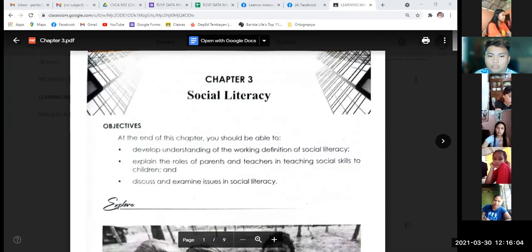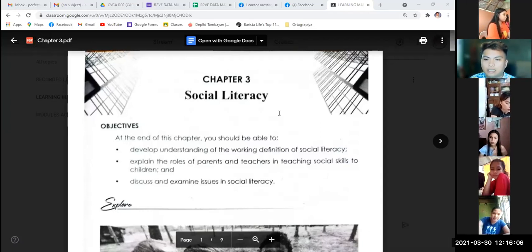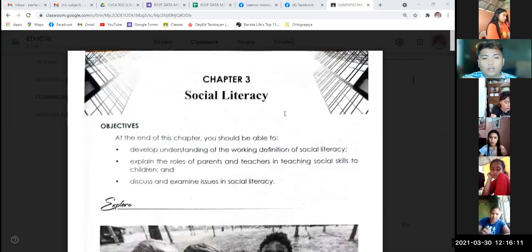So I'm quite sure that you have read this already, as I reiterated many times that all of your modules have already been posted in your respective learning material platforms. Some are posted in SIAS, some in Google Classroom, some in the Facebook group, kung saan kayo mas nadadalian. So the only thing you need to do is to read it in advance.